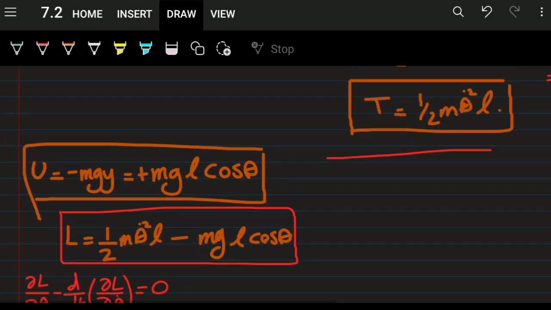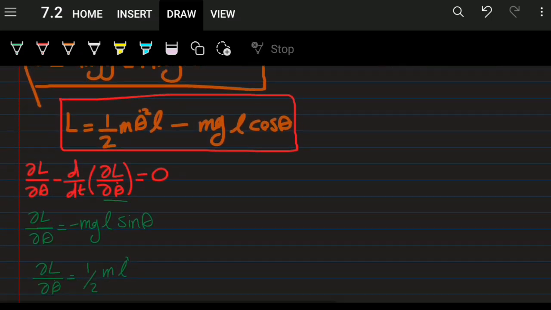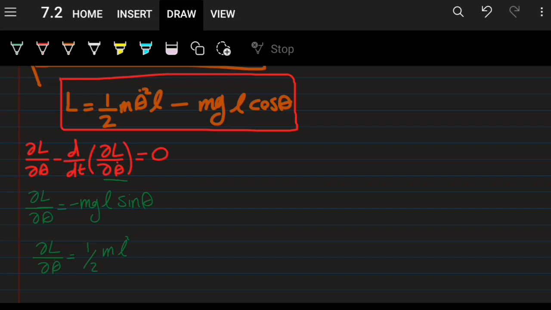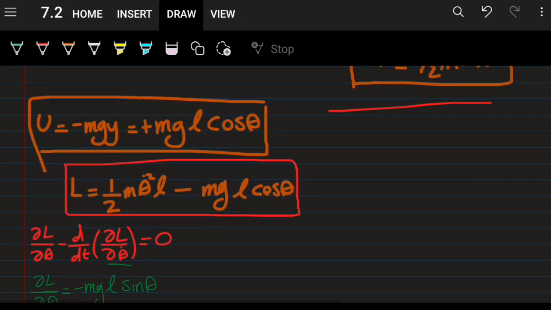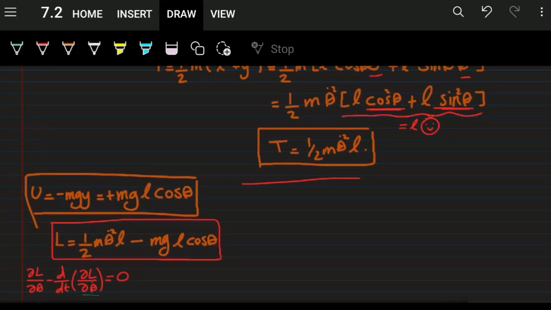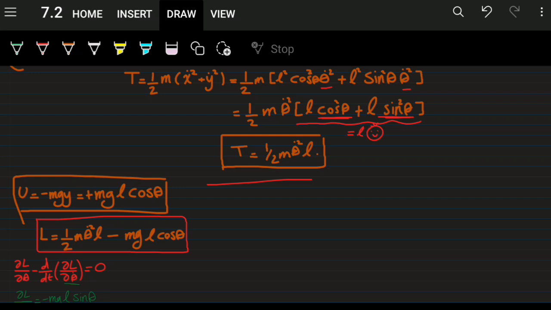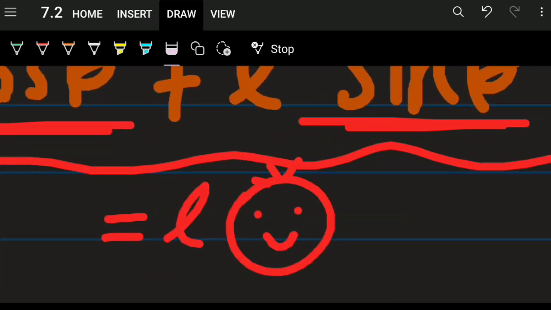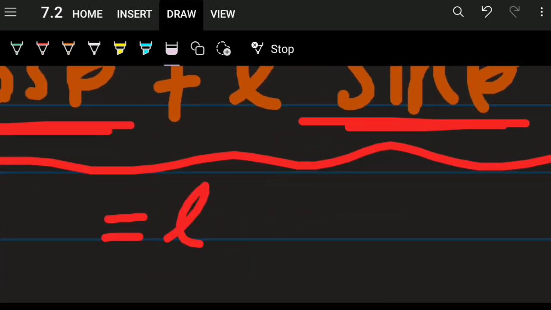I think something is... Oh, I forgot the square on the L. Apologies. Square.